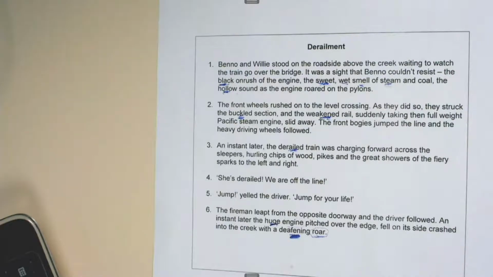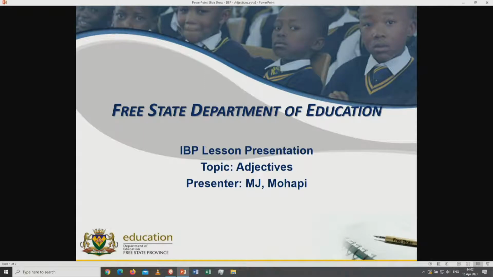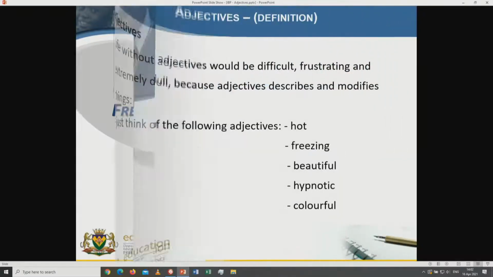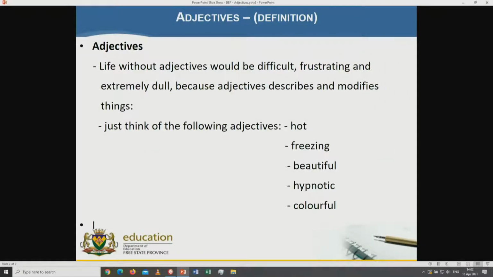Now let's come to adjectives and the definition of what adjectives are. Perhaps I was too quick to write definitions, but now let's talk about adjectives.